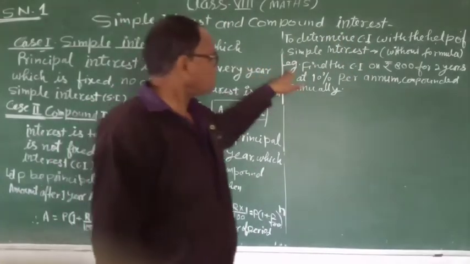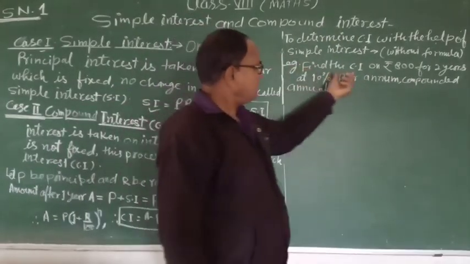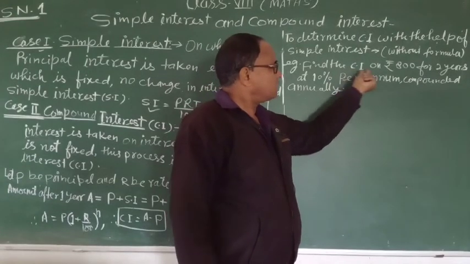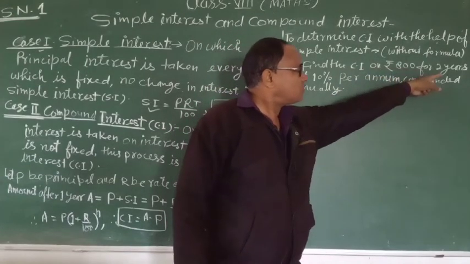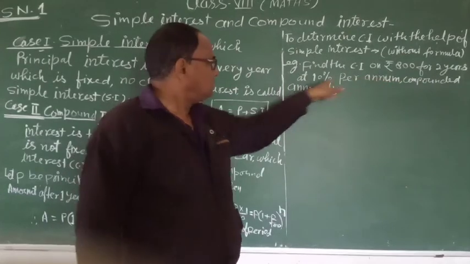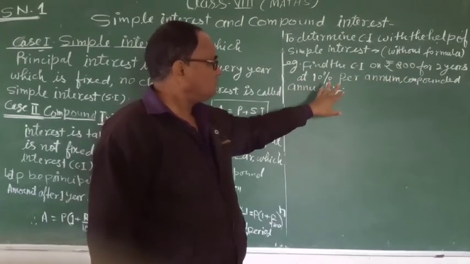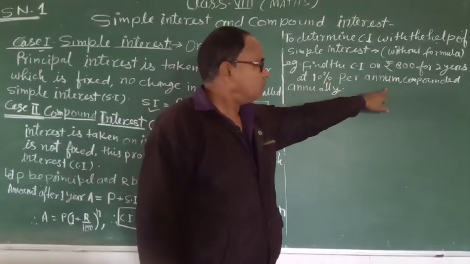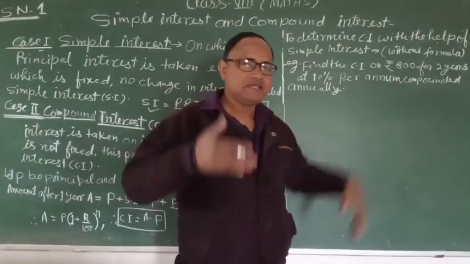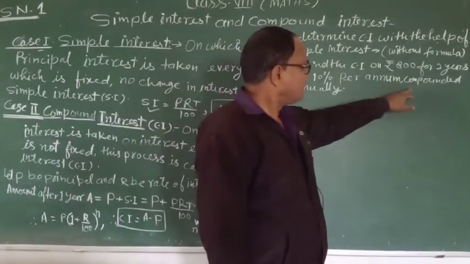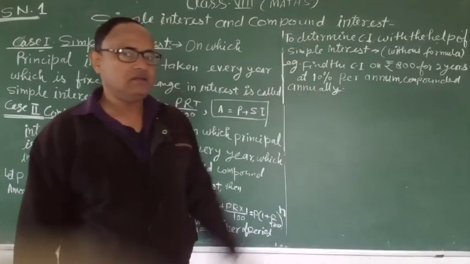Okay. Example: find the compound interest on ₹800 for 2 years at 10% per annum. Per annum means per year, compounded annually means per year.